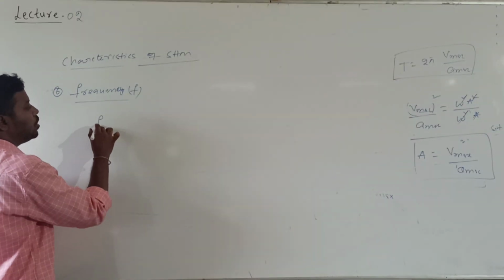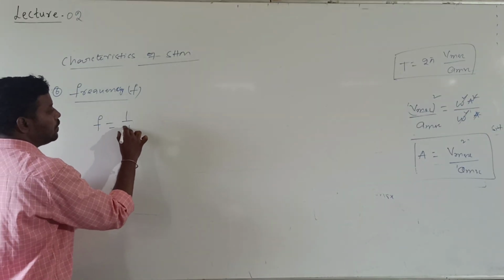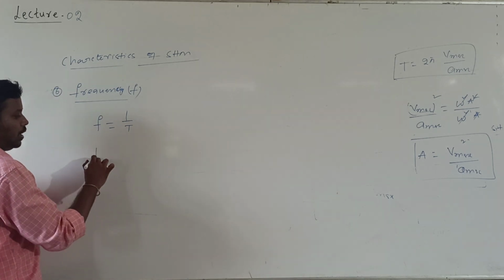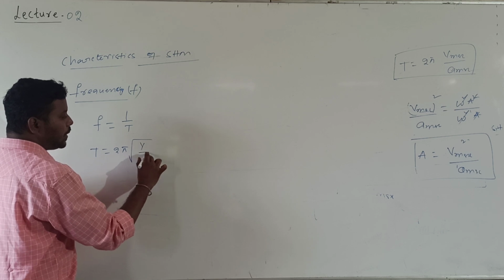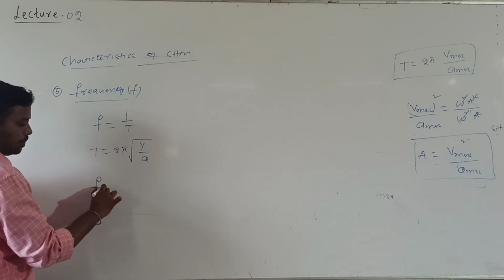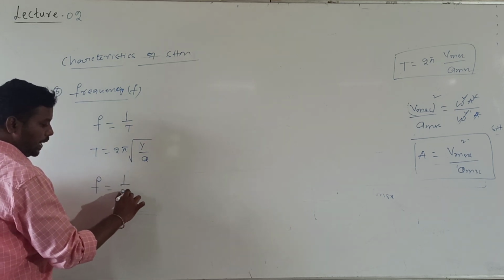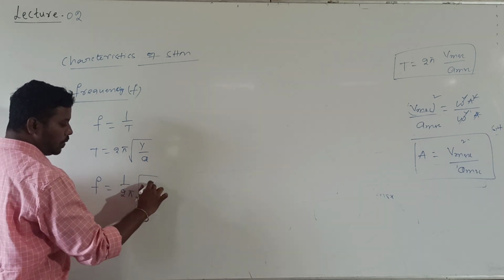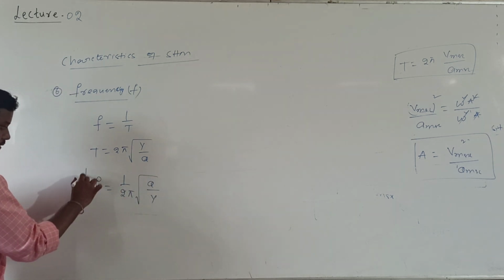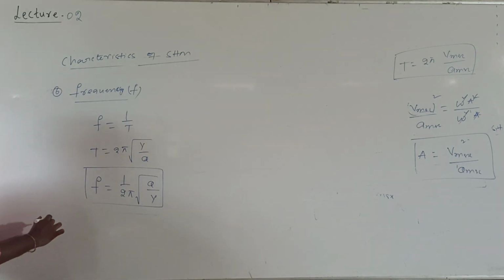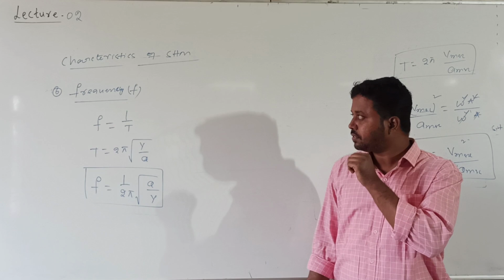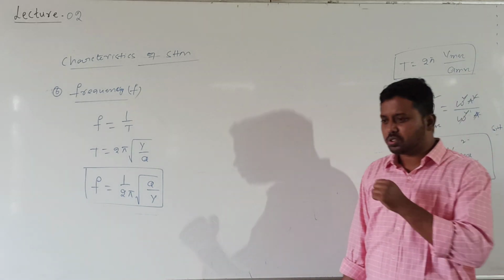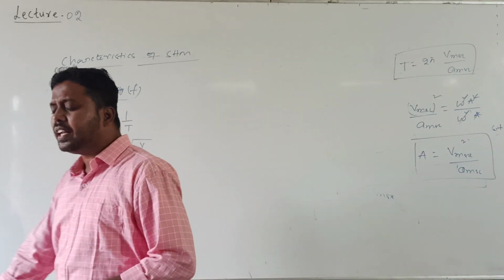Obviously frequency is the reciprocal of the time period. We know the time period formula is 2 pi into root over y divided by a. Then frequency F is equal to 1 by 2 pi into root over a divided by y. This is the expression for the frequency of a particle executing simple harmonic motion. Okay?